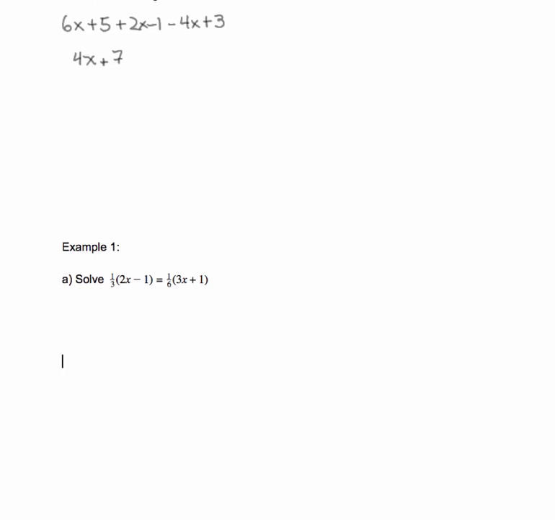So 6x and 2x and 4x, that's going to make 8 minus 4, so that's going to be 4x. And then 5 minus 1 plus 3 is going to make a positive 7. So because the x's can be collected together and the numbers can be collected together, we're going to use that as kind of like a frame of reference as we learn this new lesson.